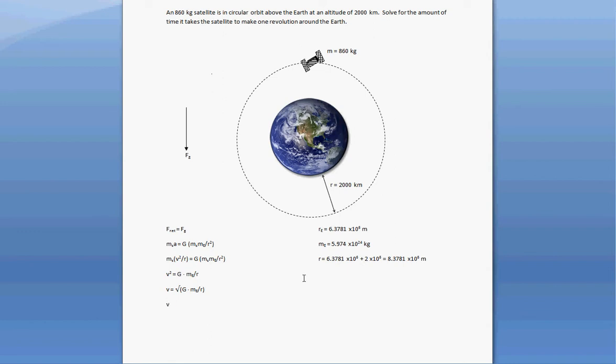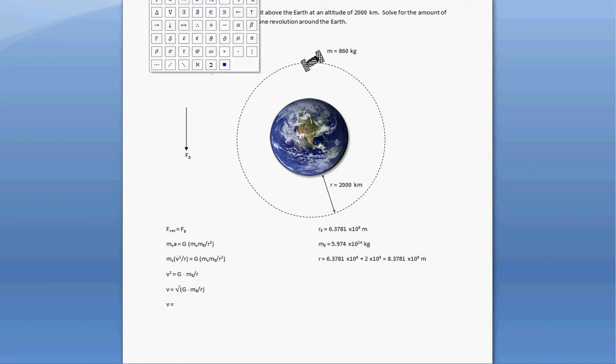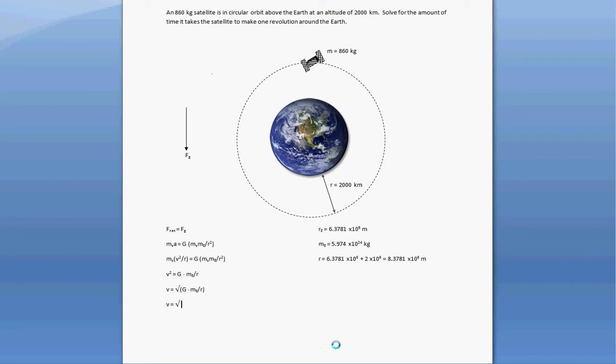So v is equal to the square root of 6.67 times 10 to the negative 11th, because that's the gravitational constant, 6.67 times 10 to the negative 11th.